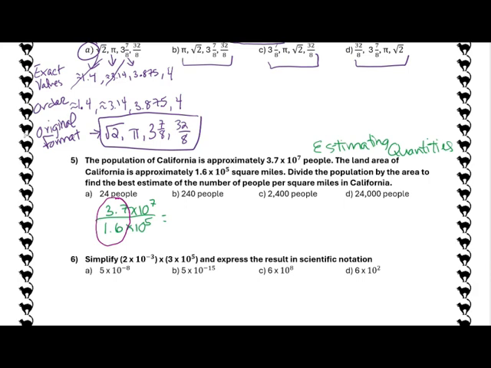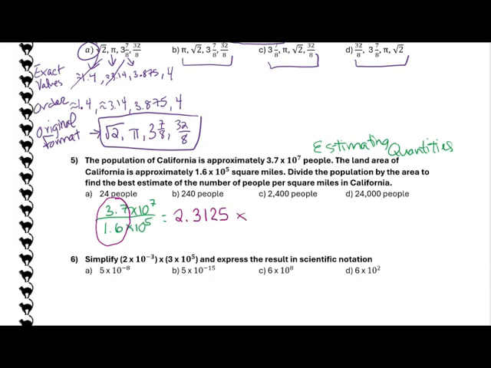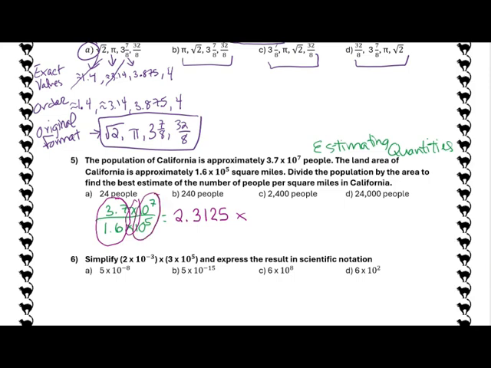Go ahead and do that and see what you get. 3.7 divided by 1.6 is going to get us 2.3125.